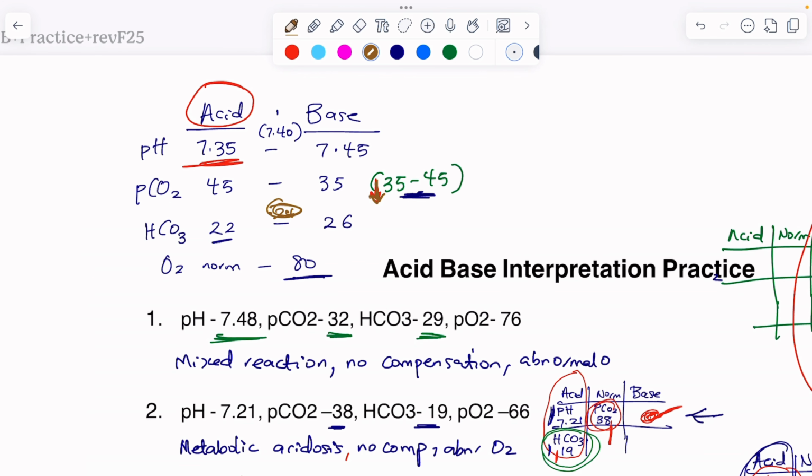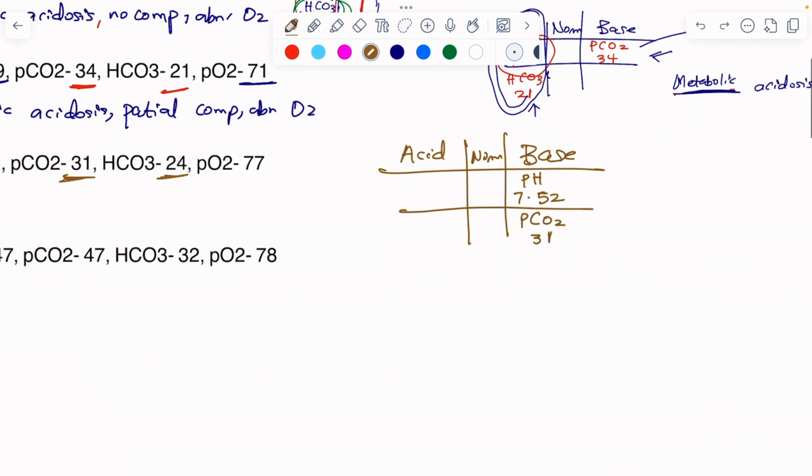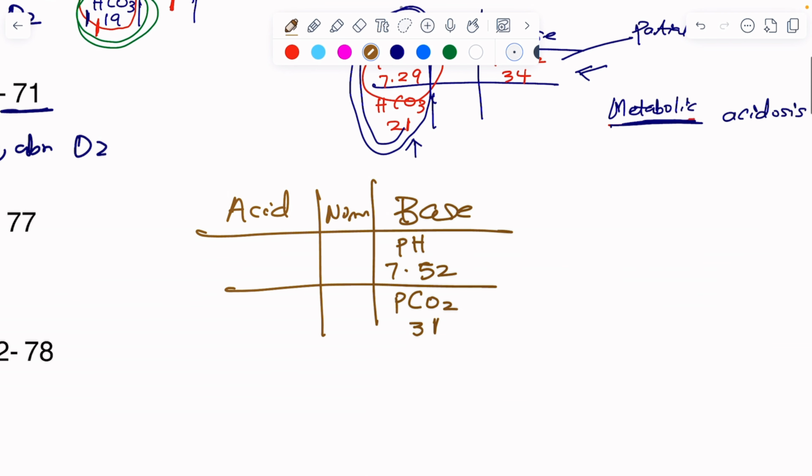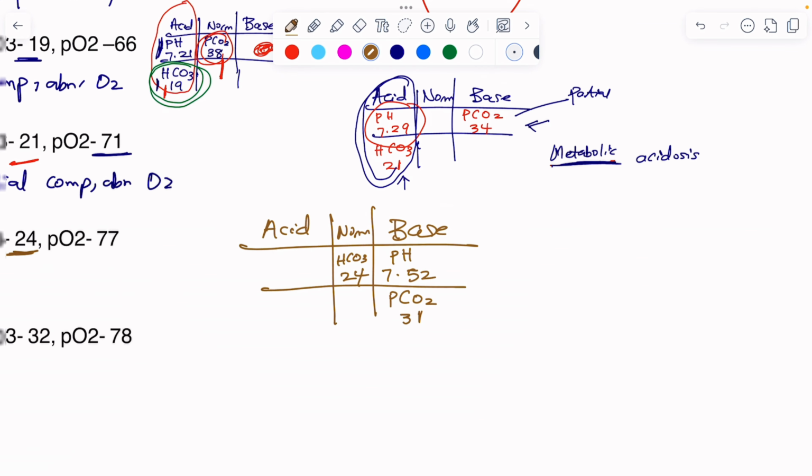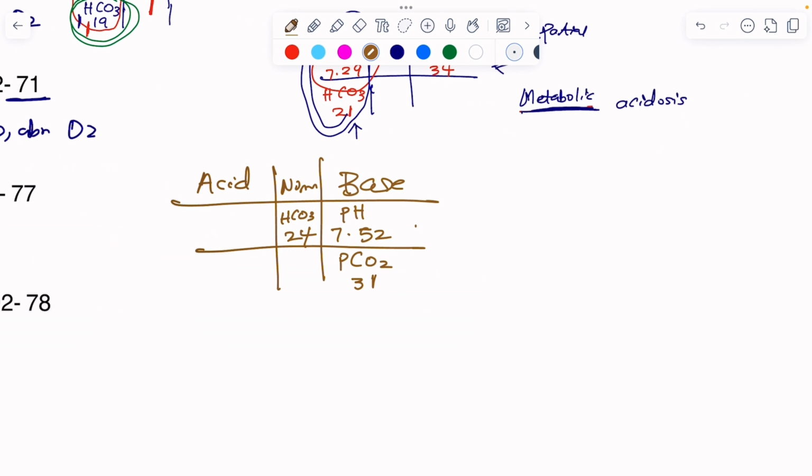Okay, let me just erase that. So we'll write our HCO3 is 24. Now remember, first of all, we are looking at the pH. It's basic, so it's going to be dash alkalosis. Now we look at this one. What is this? This points to respiratory.